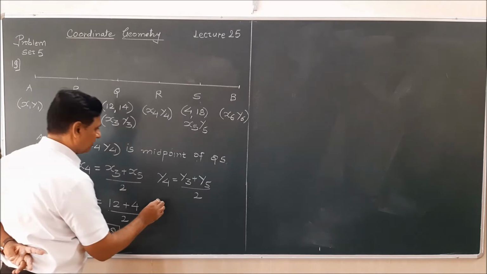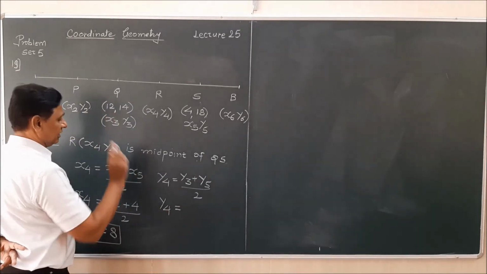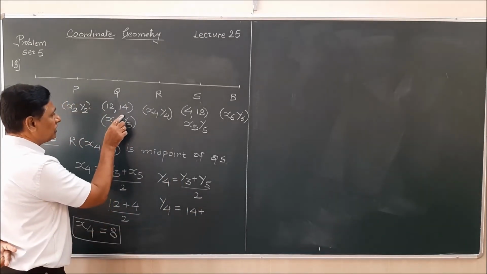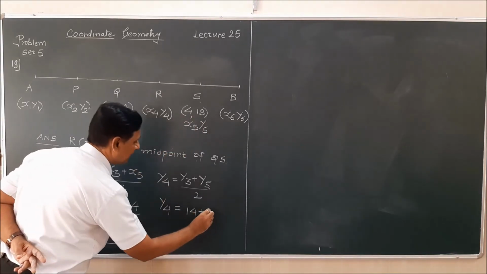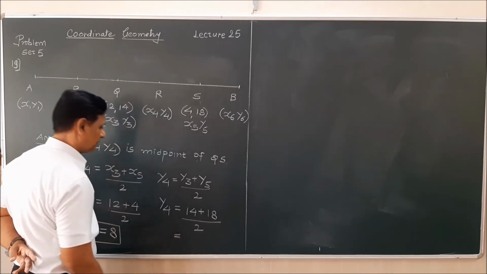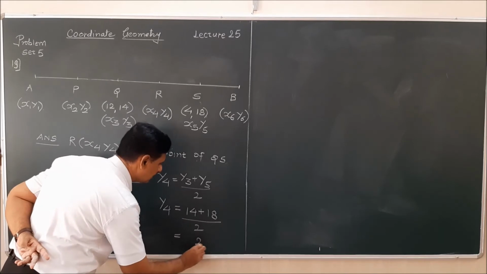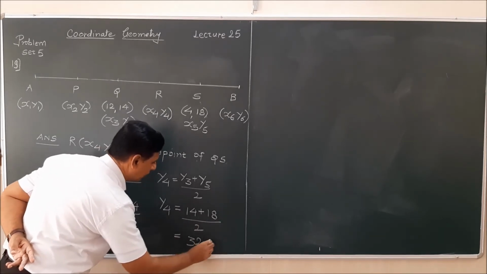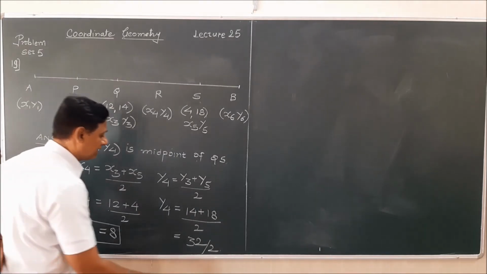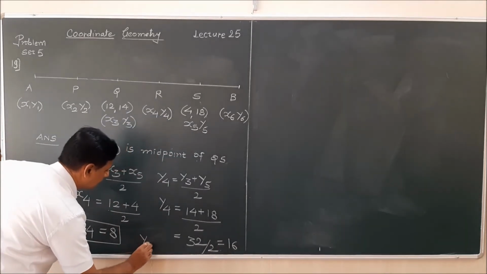In the same manner, y4 is equal to y3, which is 14, plus 18, be careful here now, upon 2. 14 plus 18 is 32, upon 2, and that is equal to 16. So y4 is equal to 16.